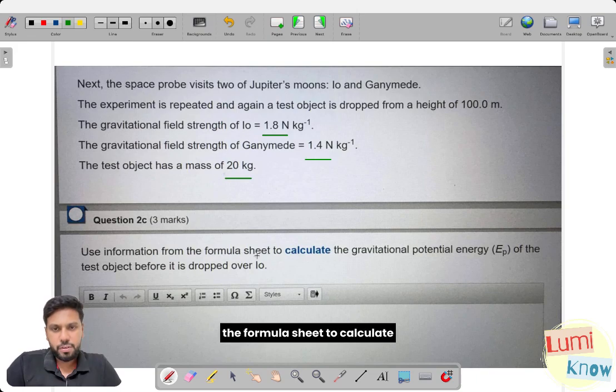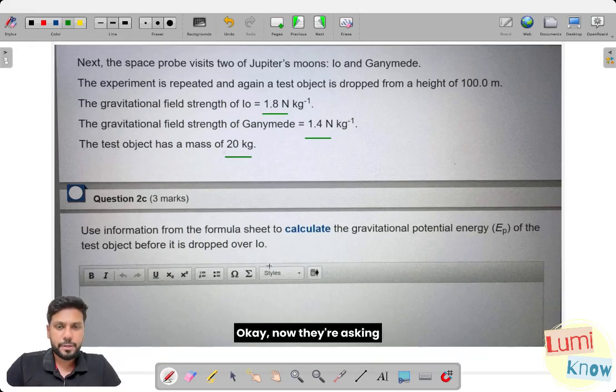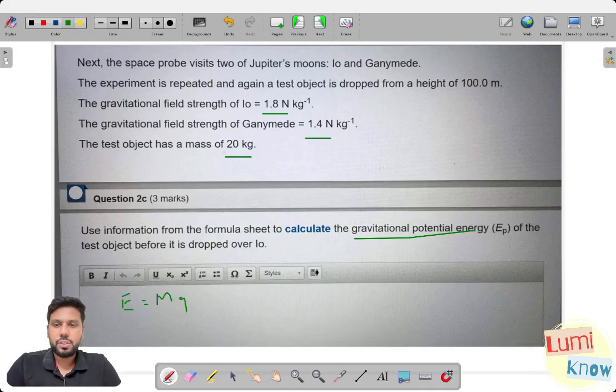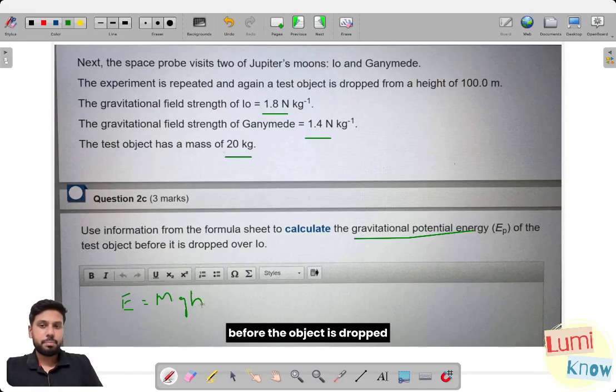Use the information from the formula sheet to calculate the gravitational potential energy of the test object before it is dropped over Io. Okay. Now they're asking you the gravitational potential energy, and the formula for gravitational potential energy is mgh.